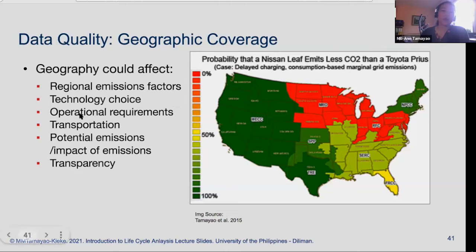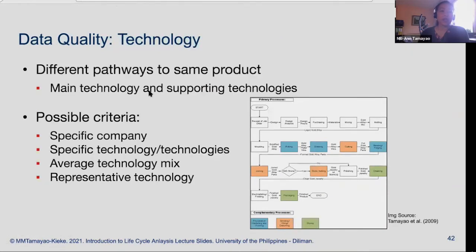Operational requirements could also vary, transportation requirements as well, and therefore the potential emissions as well as the impact of those emissions. And of course, you have to clearly identify the geographic scope for transparency reasons.